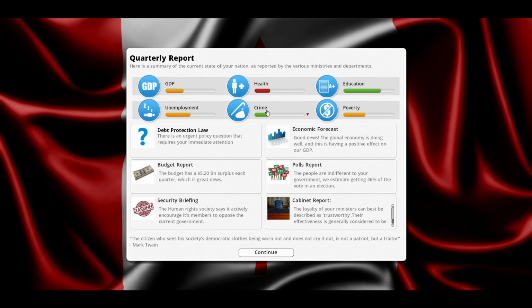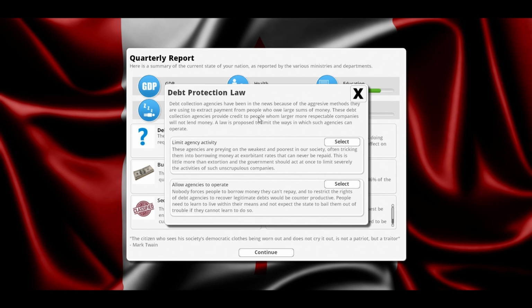And, oh, crime is going down. That's a good thing. Debt protection law. What's this one? Debt collection agencies have been in the news because of the aggressive methods they are using to extract payment from people who owe large sums of money. So I can limit the agent activity.